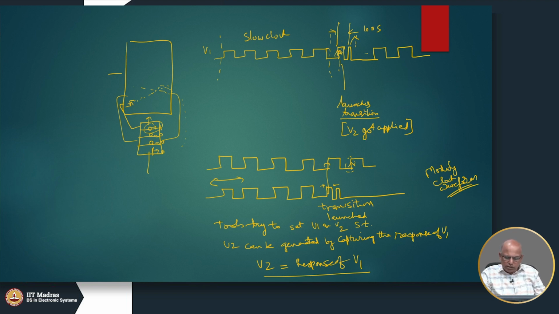So this method of applying vectors for transition delay fault is known as launch off capture. If you see the scan shift, there is a scan enable signal, which dictates whether the register is being used as a shift register or as a parallel in parallel out register.